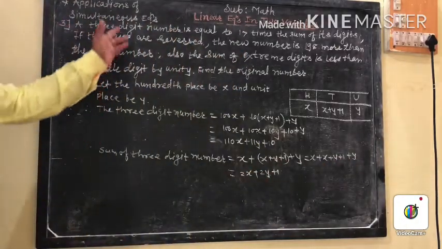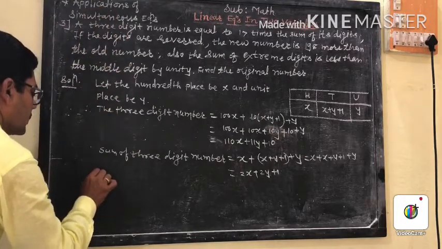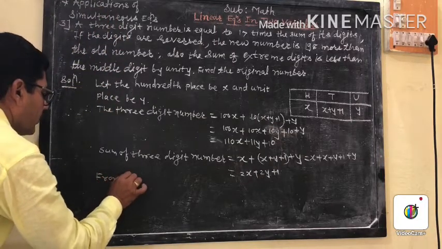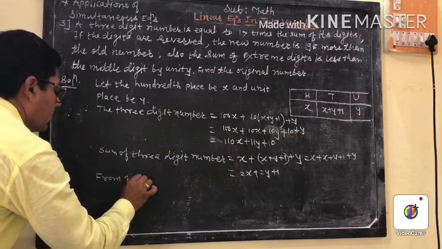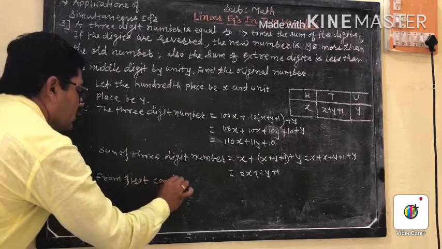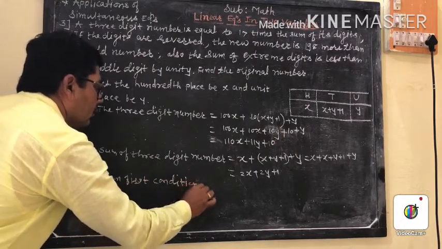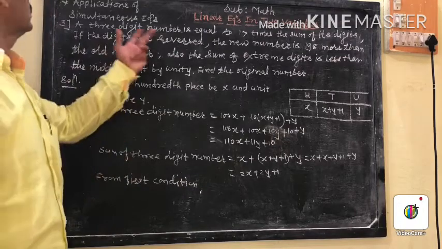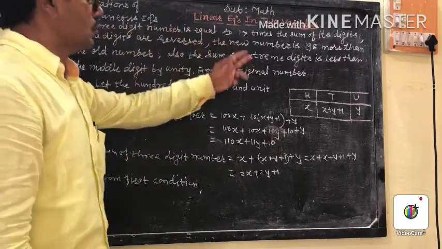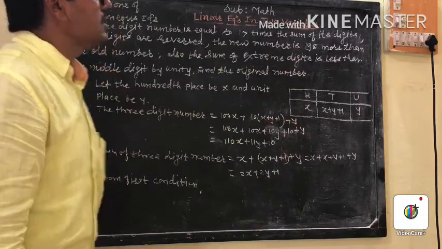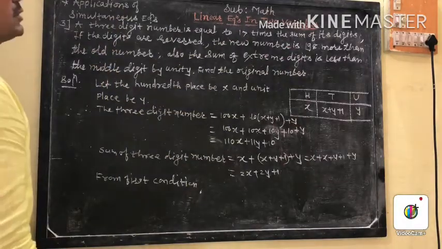And from the first condition, the 3-digit number is equal to 17 times the sum of its digits.